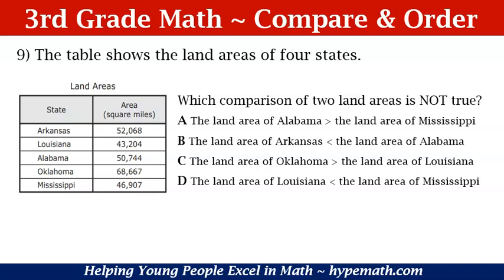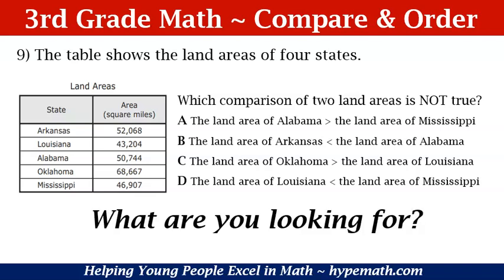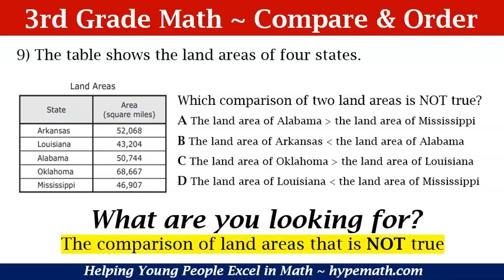And for Mississippi, it is 46,907 square miles. What are we looking for? We are looking for the comparison of land areas that is not true. That means it's false. It's wrong. Okay?